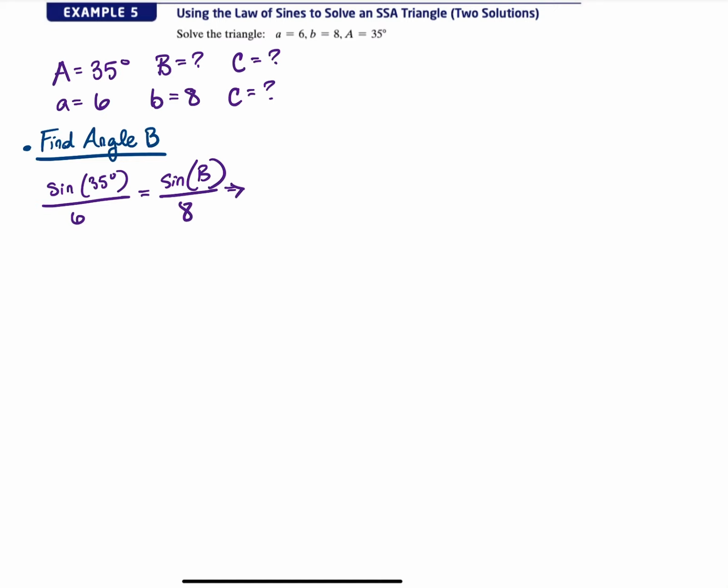So multiply the 8 over and we get the sine of B should equal 8 times the sine of 35 degrees divided by 6. If you evaluate the right side, we get that the sine of B is approximately 0.76.